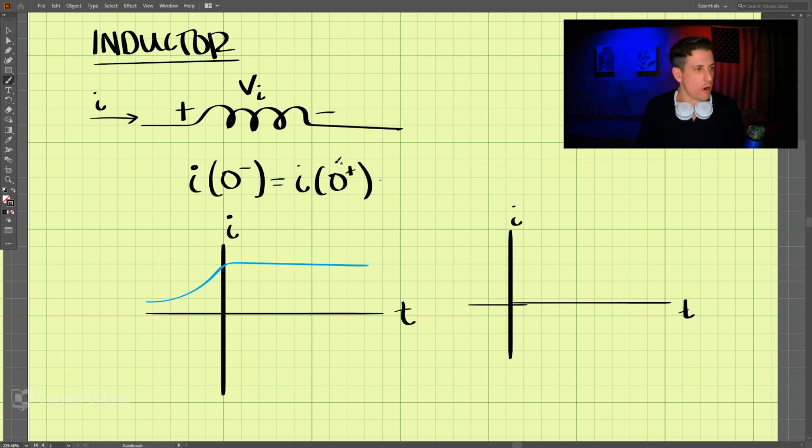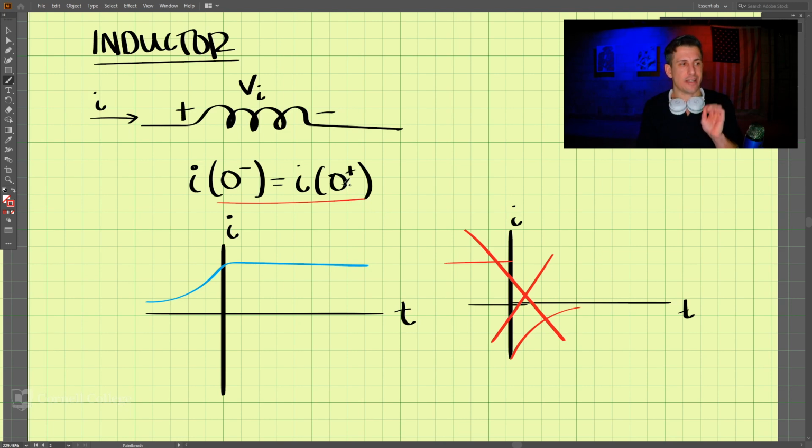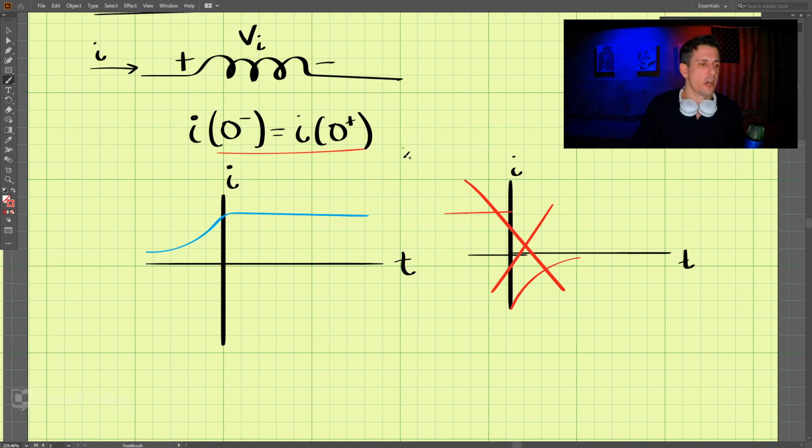The current across this inductor cannot be like this, because it must fulfill this requirement that the current is continuous.